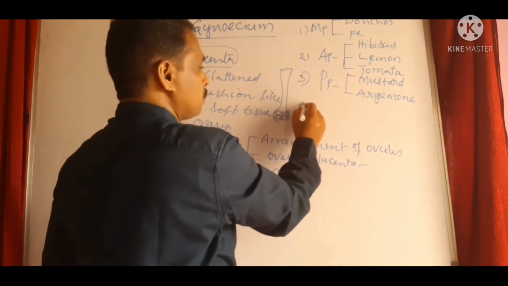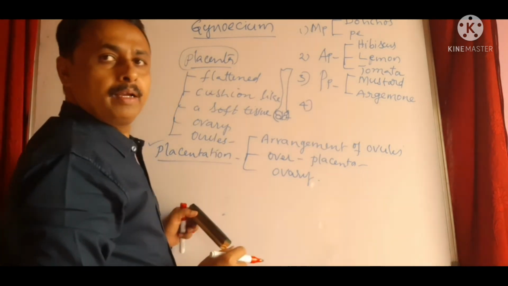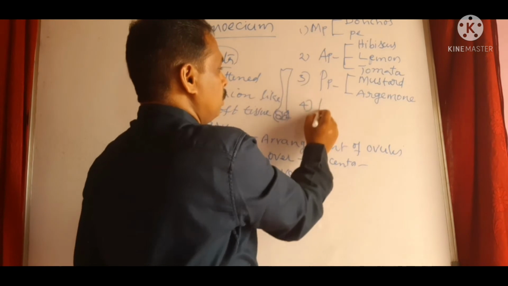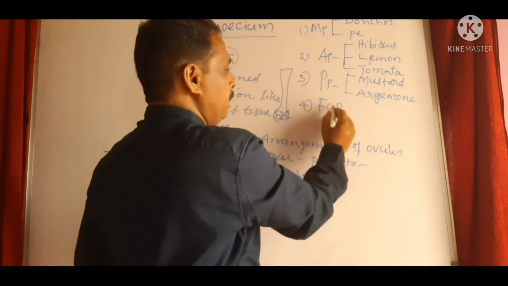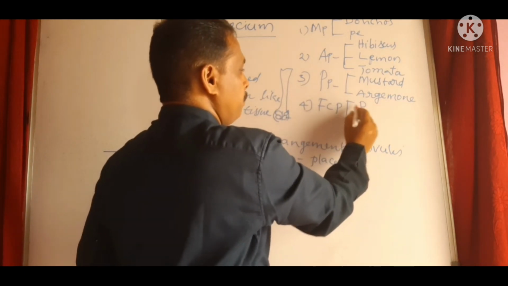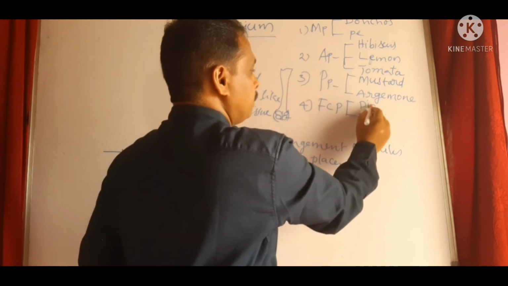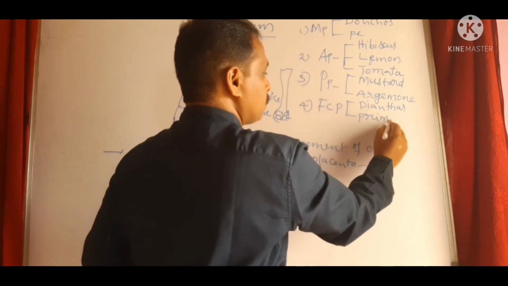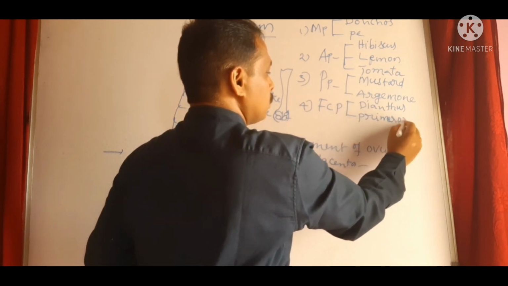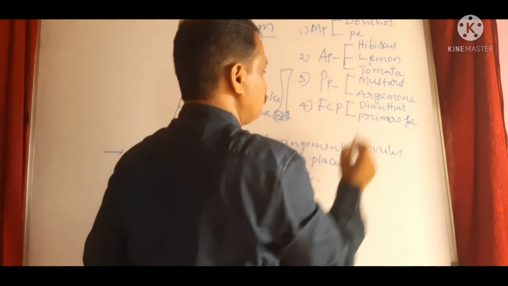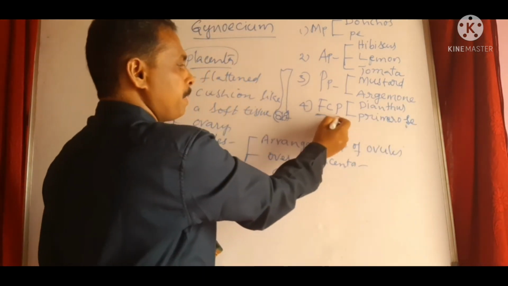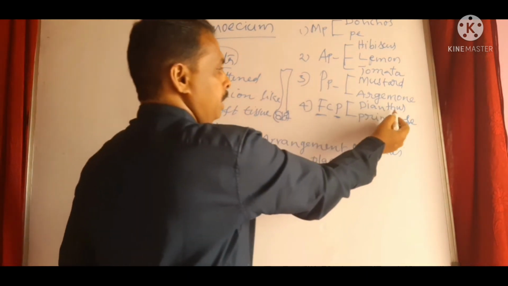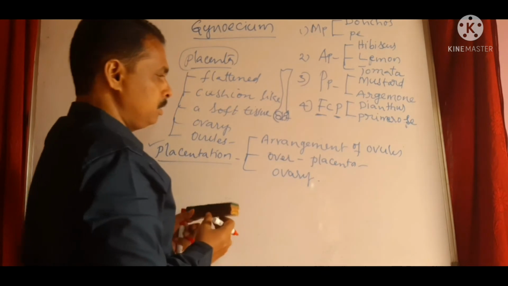And the next one is FCP, Dianthus and primrose. Free central placentation. Example: Dianthus, primrose.